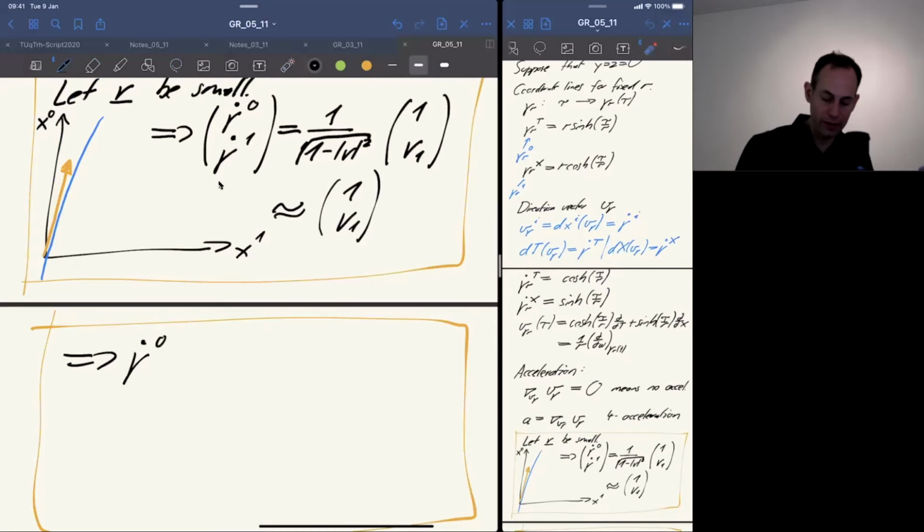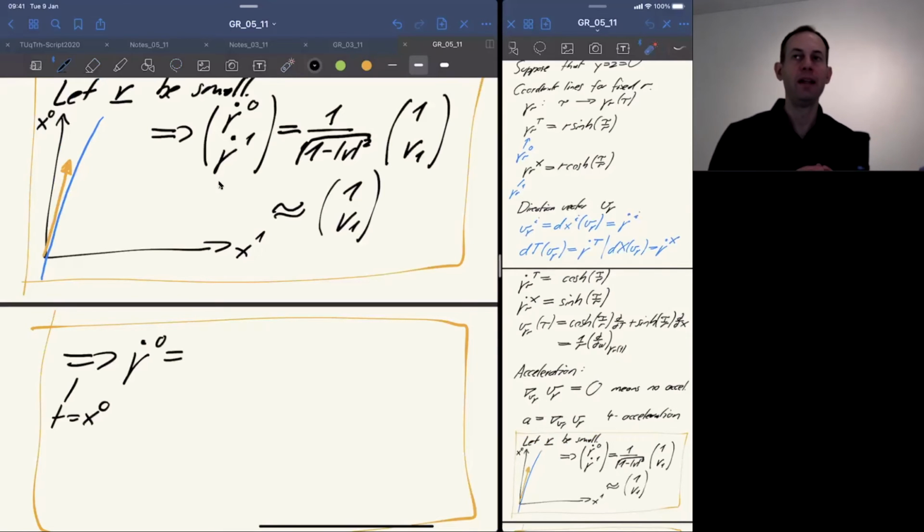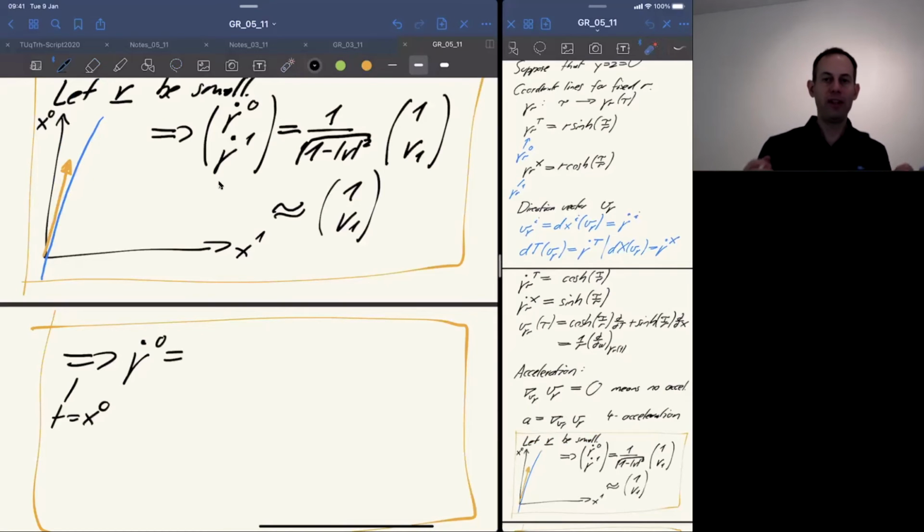Now, gamma dot 0 therefore corresponds, if I just informally say x0 corresponds to what we usually understand as time. So I said that when we go to these normal coordinates, the x0 direction is the one that we would experience as our time direction. That's what the clocks show in our lab. If you have a clock in our lab on the wall, then this is the x0 direction.